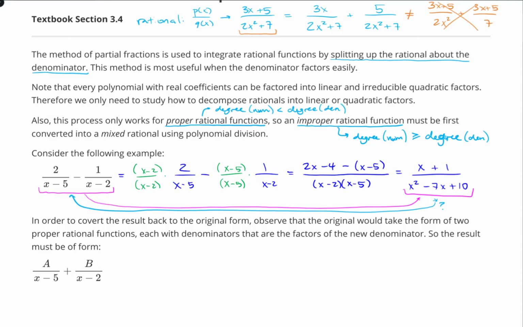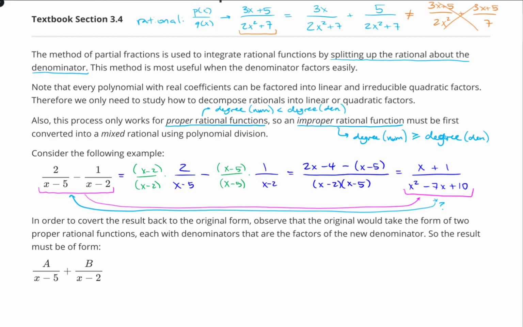Now, one thing to note is all of these fractions are going to be proper. For instance, 2 over x minus 5 is a proper rational, and so is 1 over x minus 2, and so is x plus 1 over x squared minus 7x plus 10. And that's always going to be the case. If I start with proper rationals and I add or subtract them, I'm going to end up with a proper rational in the end. You don't necessarily need to see a proof of that, but just go with that as an idea.